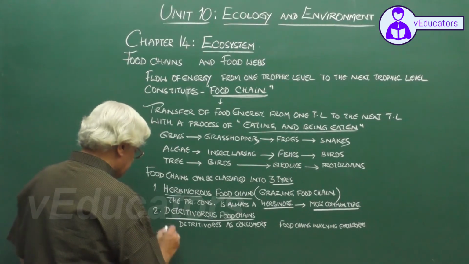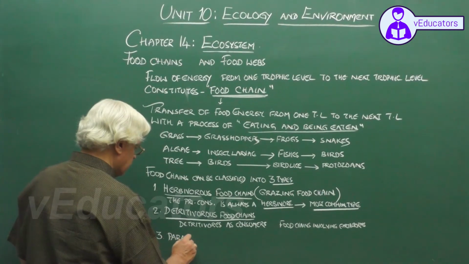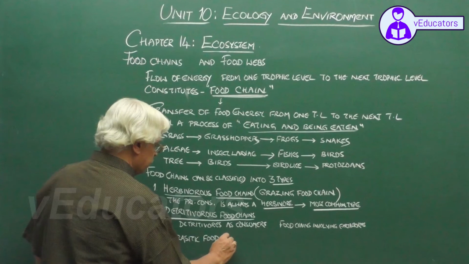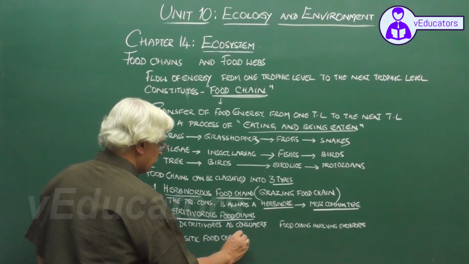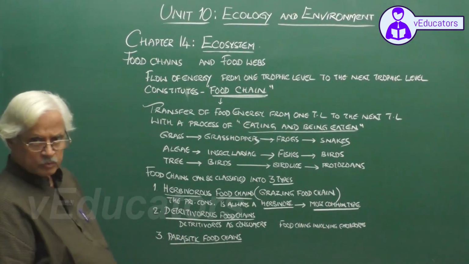The third type happens to be parasitic food chains. Parasitic food chains.